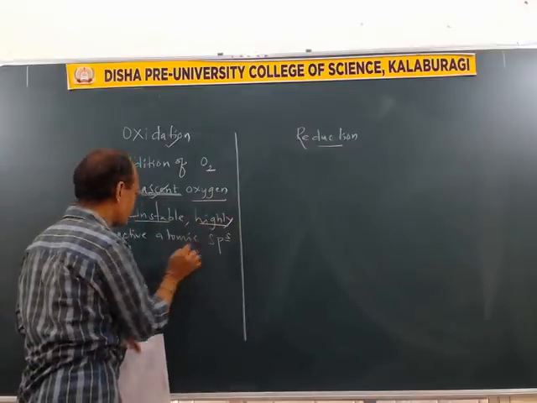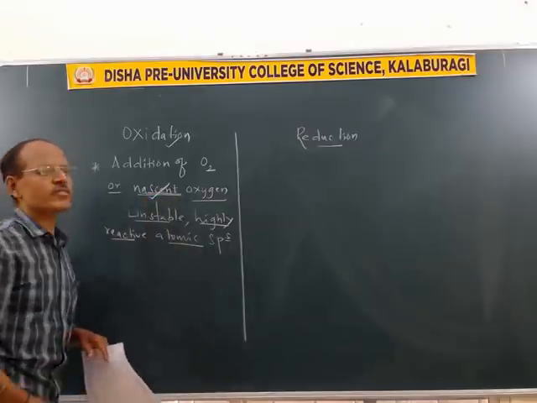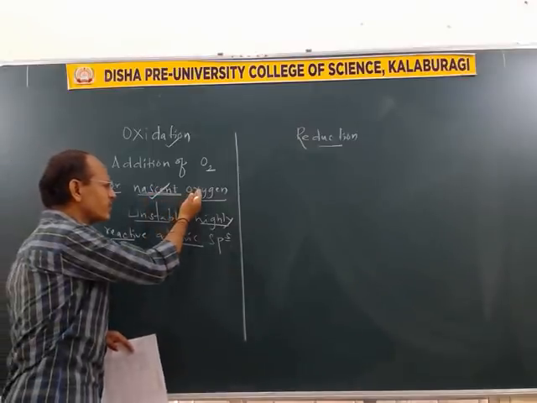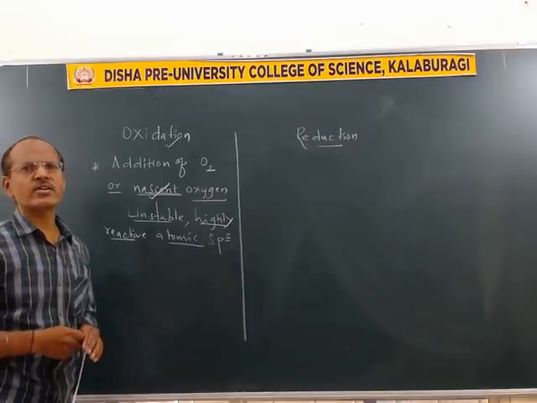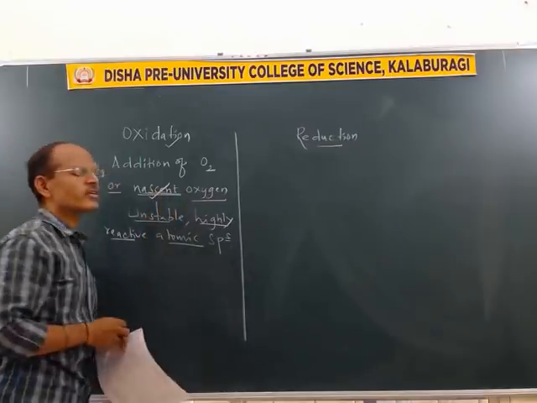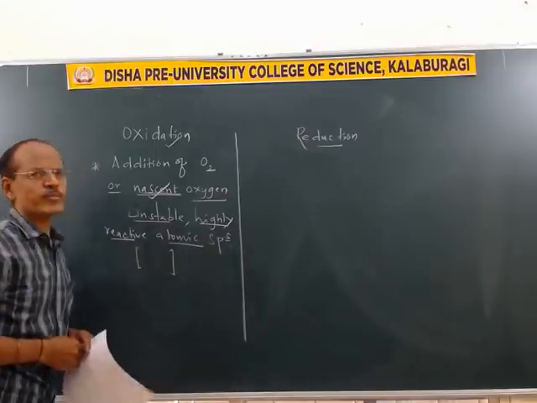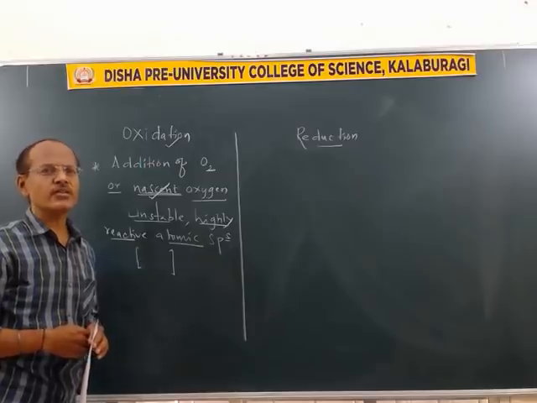If it is oxygen, it is nascent oxygen. If it is hydrogen, it is nascent hydrogen. And it is always indicated in square brackets.